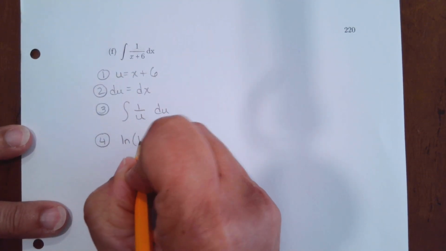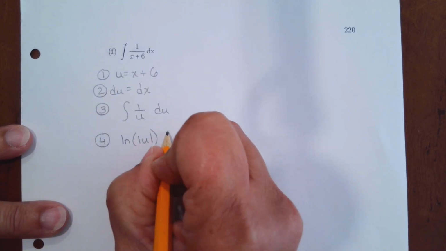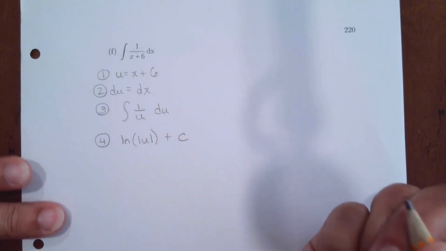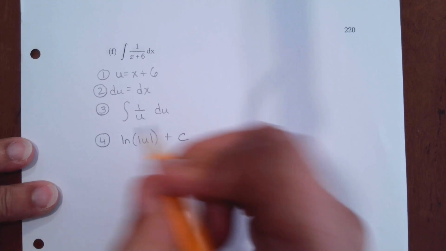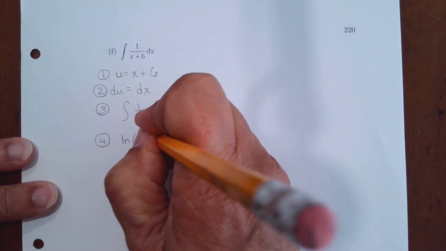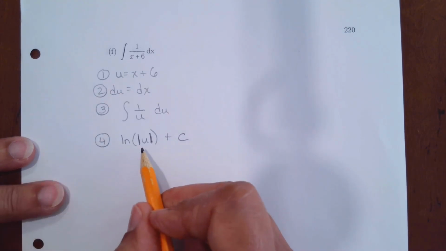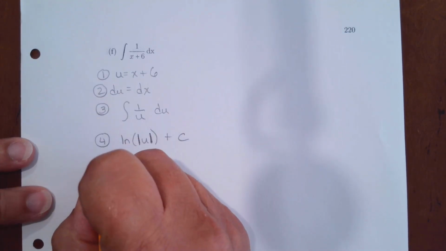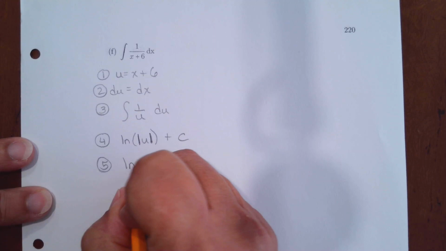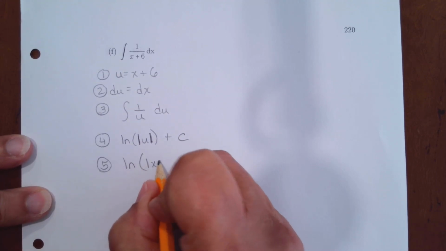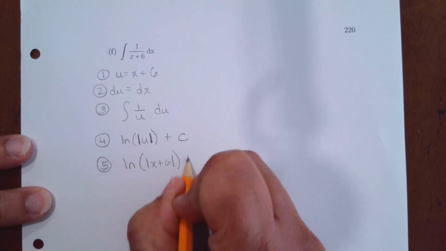So the natural log of the absolute value of u plus c. I know absolute value bars sometimes get mixed up with what they look like. Then we substitute back in what u is: the natural log of the absolute value of x plus 6 plus c.